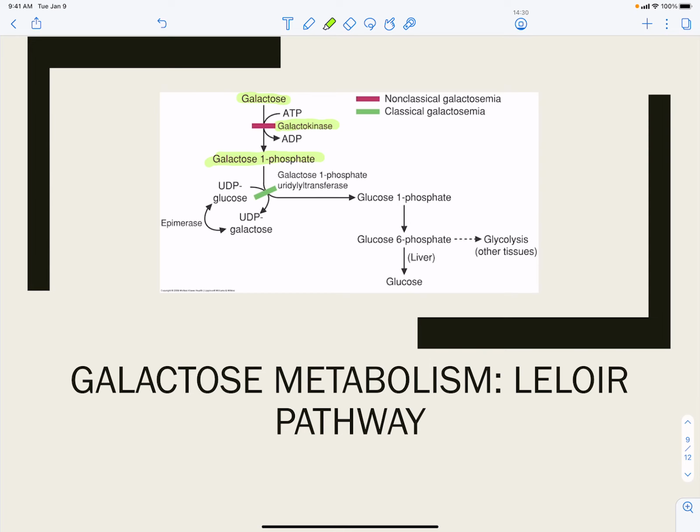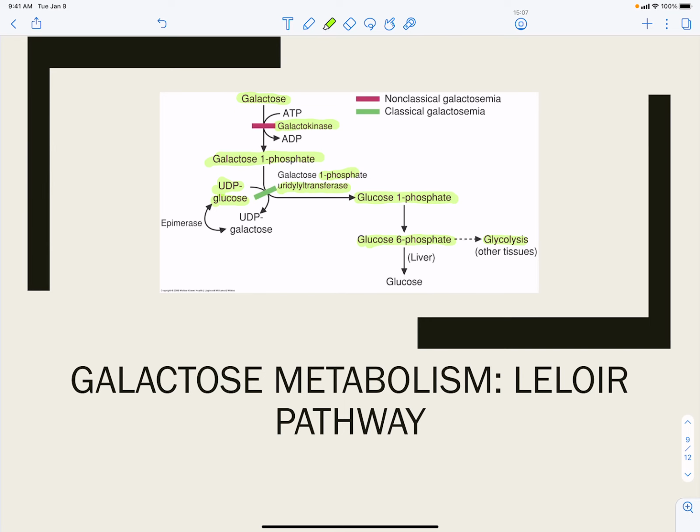Then you have galactose 1-phosphate, and galactose 1-phosphate is going to need a UDP glucose, and you're basically going to take the galactose phosphate and transfer it from galactose to UDP glucose to generate glucose 1-phosphate. And this is a galactose 1-phosphate uridyl transferase. And then once you have glucose 1-phosphate, you can either make glucose 6-phosphate. You can also go on to glycolysis. You can make glucose. You can make glycogen stores, whatever you want to do with your glucose.